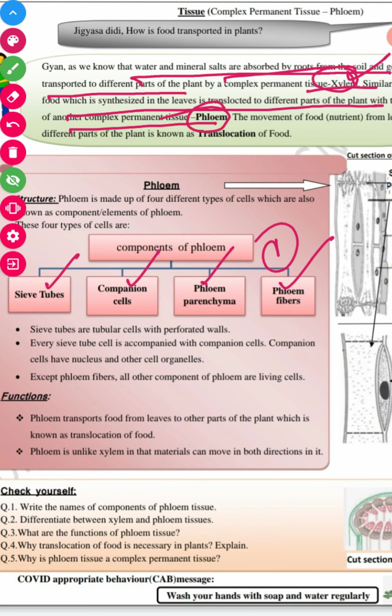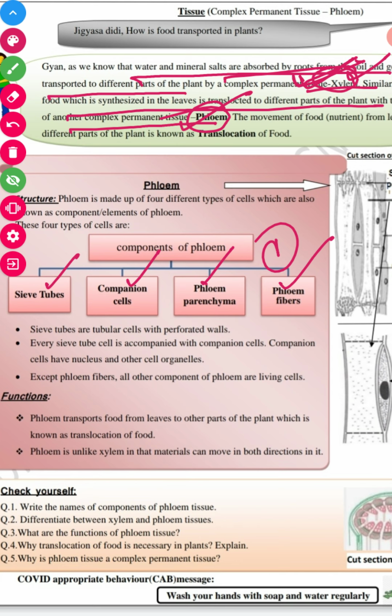This is the main first difference. Second, xylem has a unidirectional way of transportation, whereas in case of phloem it is bidirectional. Third, xylem has mostly dead cells, whereas the phloem has mostly living cells.